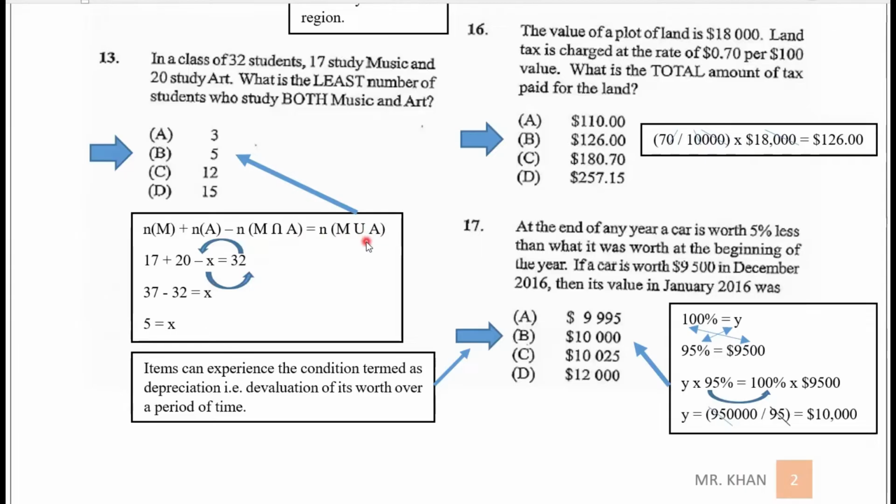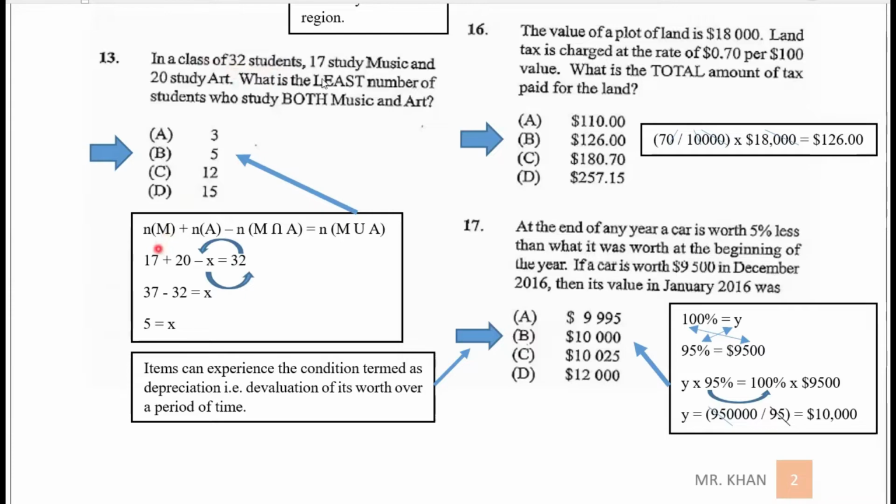That is everybody found in the class. So that's your students that belong to music and your students who belong to art all combined. And that would be your class of 32.